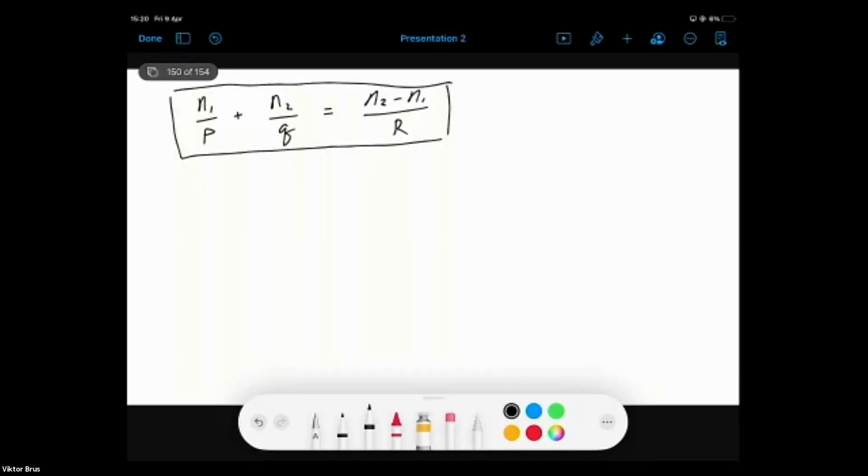Okay, so now we can consider some specific case, which is image by refraction at a flat surface. In this case, you see we have some object in one medium, some rays coming out.